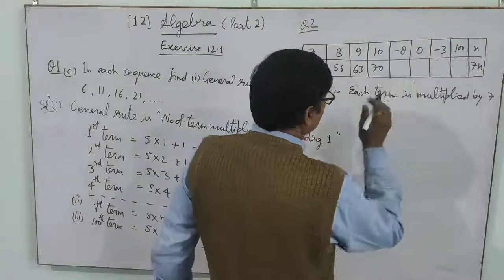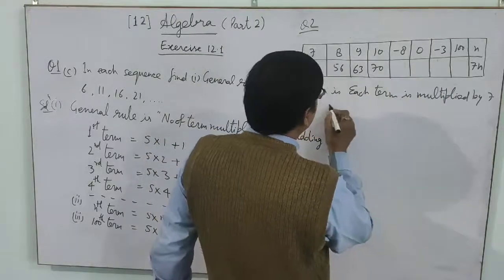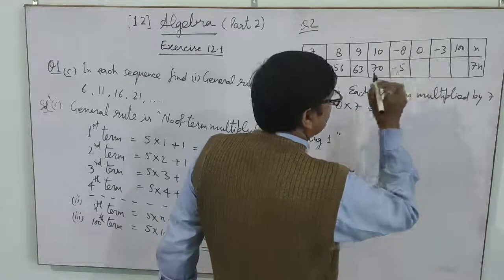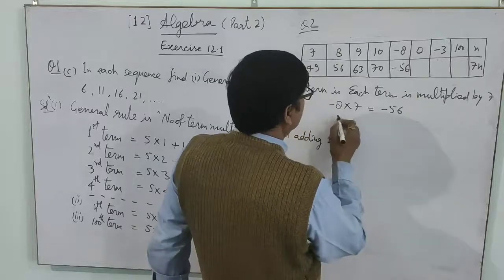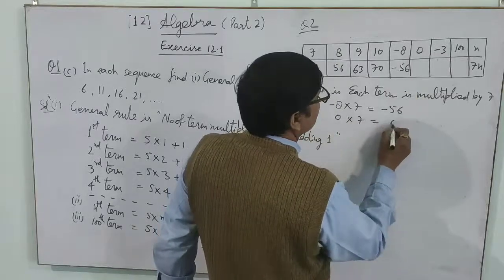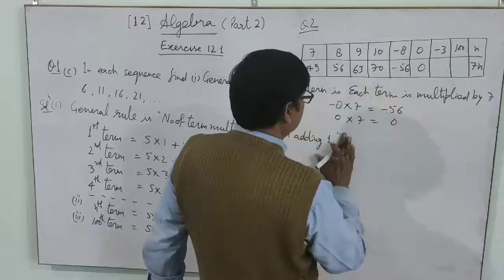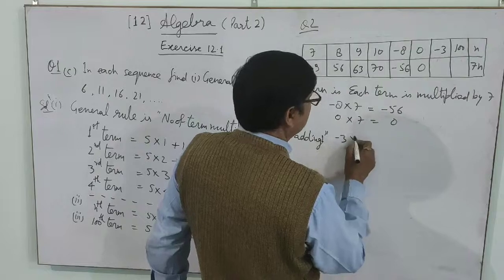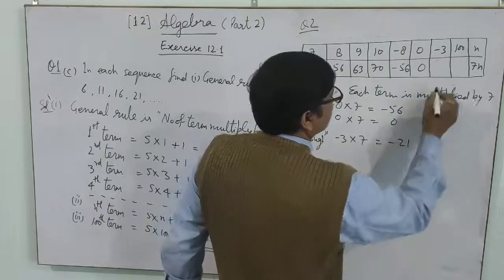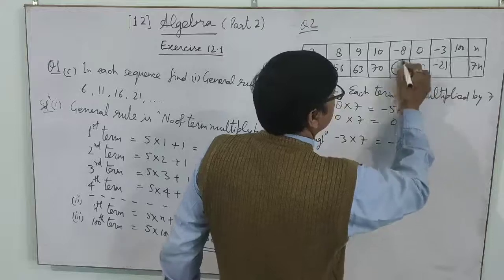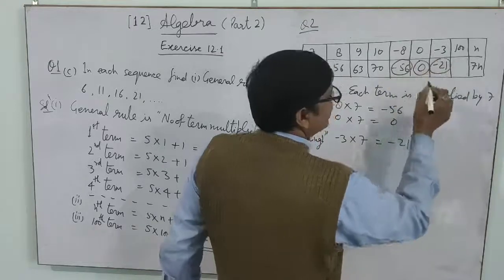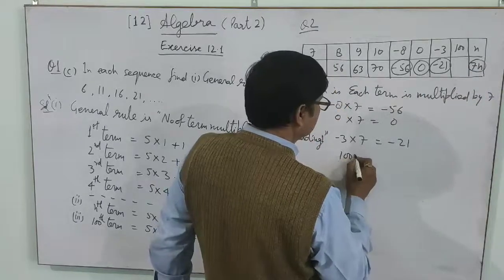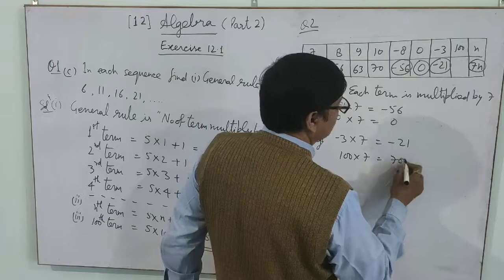Similarly, the others you can also multiply by 7. Minus 8 multiplied by 7, minus 56. 0 multiplied by 7 is equal to 0. Minus 3 multiplied by 7, minus 21. 100 into 7 is equal to 700.